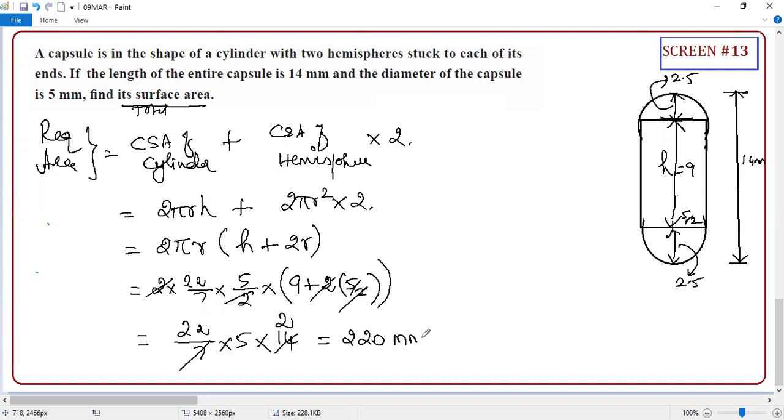Very, very important: millimeter, and it's area, so it's a square. Are you clear, student? Everyone, are you clear how to deal with total area, total volume? Yes, sir. Right. Good.